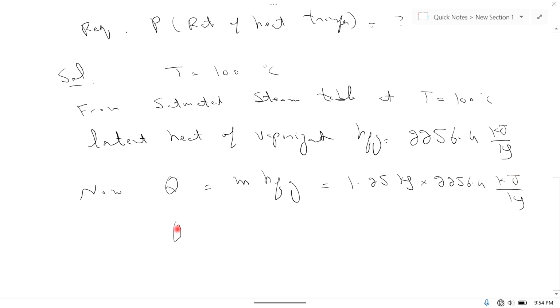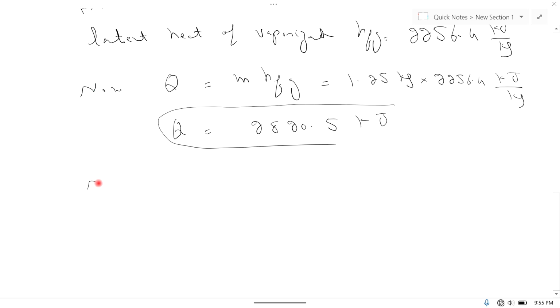So heat transfer is equal to 2820.5 kilojoule.